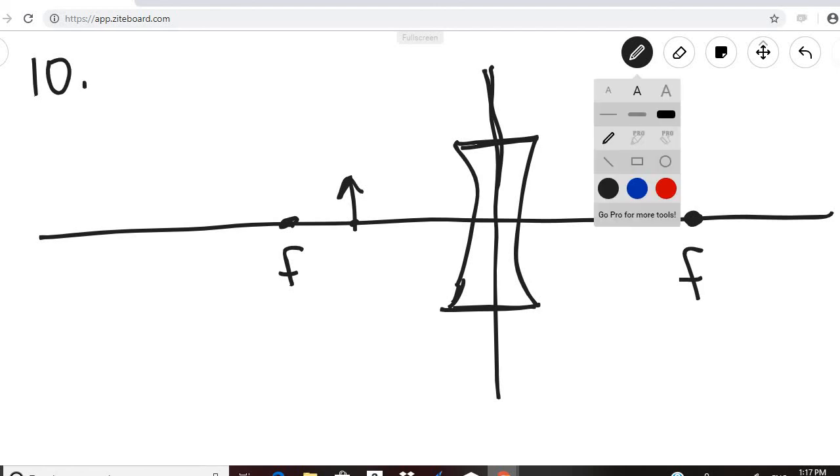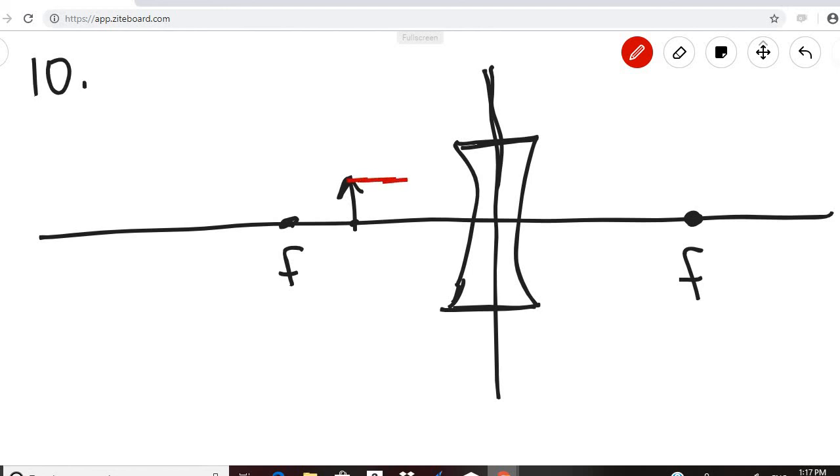Okay, so now, because it's a diverging lens, the red line will go in horizontally until that beam of light hits the center of the lens, and then it is going to diverge out as if it went through this focal point. So it'll diverge out like this.